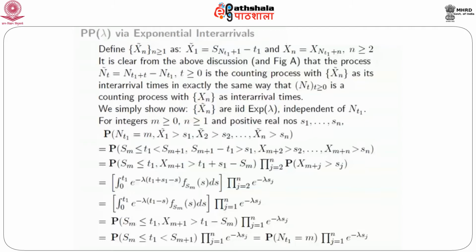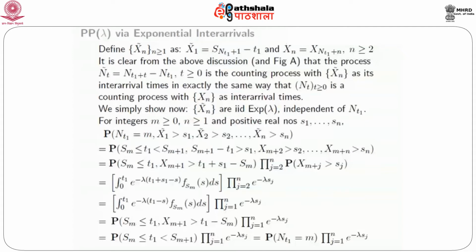Moreover, these two events are determined by the random variables S_m and X_{m+1}. And remember, X_{m+2} all the way up to X_{m+n} are all independent of these random variables, and moreover, among themselves they are IID exponential lambda. So, using this independence and identical distribution, and the fact that they're exponential lambda, I get this factorization.